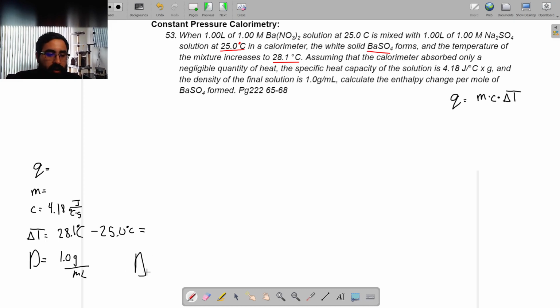Density is the mass divided by the volume, or mass is density times the volume. So we're going to have to use density to figure out the mass. I'm going to leave that off to the side so we don't forget.